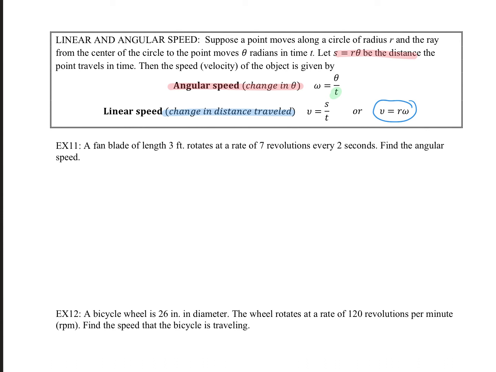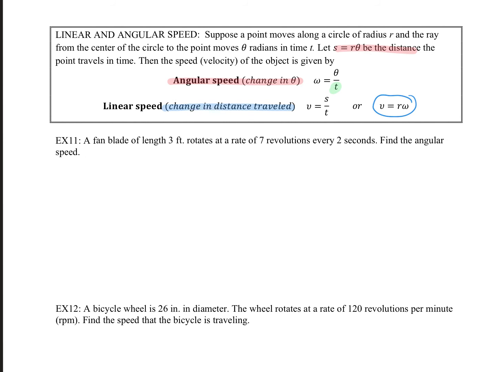Okay, so example 11. A fan blade of length 3 feet rotates at a rate of 7 revolutions every 2 seconds. Find the angular speed. Okay, so angular speed is talking about the inside angle, which means we're going to be looking for theta. Let's go ahead and draw a diagram, though. We have our little fan, right?